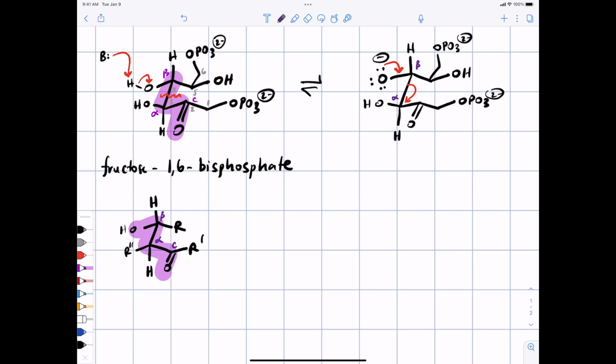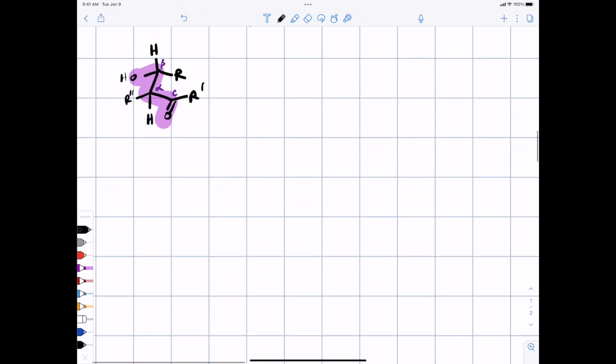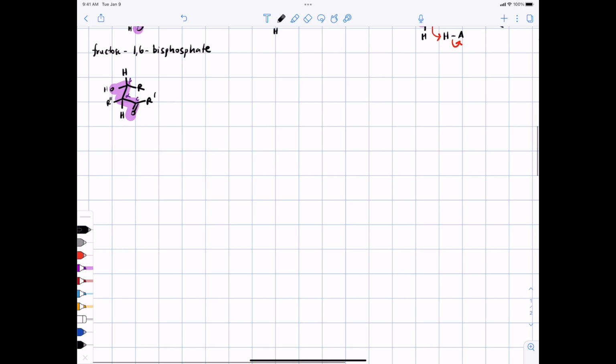Okay. It gets worse. So much worse. What I showed you has been the self-aldol reaction. Naturally, we're going to want to make it more complicated. So we're going to start with the worst, and that is the intramolecular aldol.